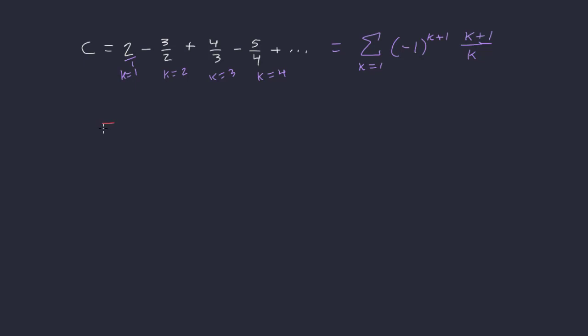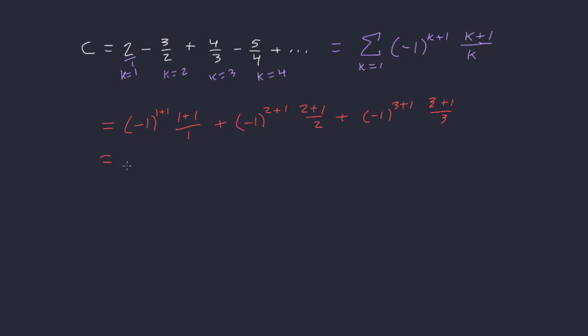If I plug in those values, -1 to the k plus 1, and my k here is 1, times 1 plus 1 over 1, then plus -1 to the 2 plus 1 times 2 plus 1 over 2, plus -1 to the 3 plus 1 times 3 plus 1 over 3. And I'm just going to check these three to see if they match.